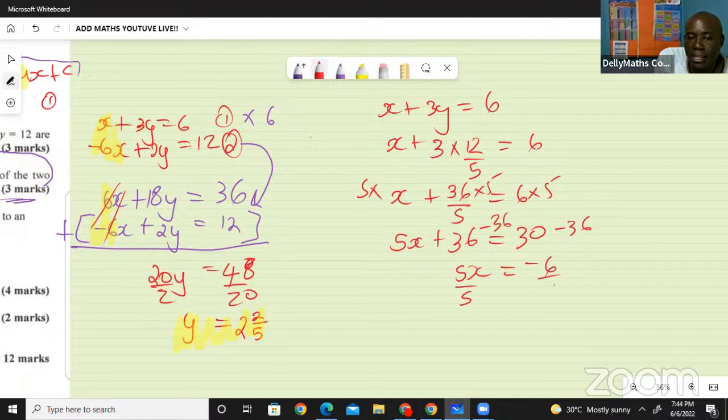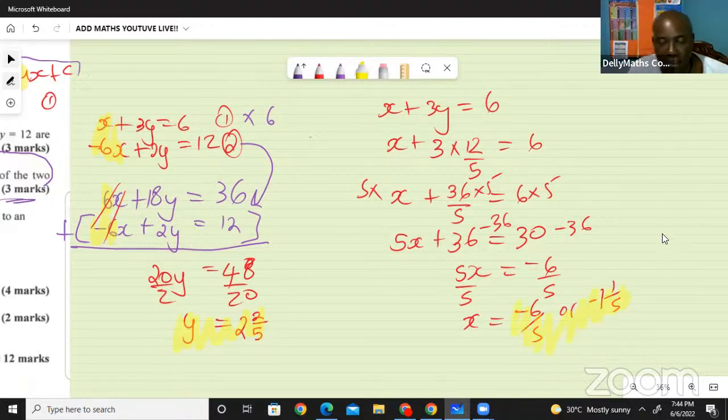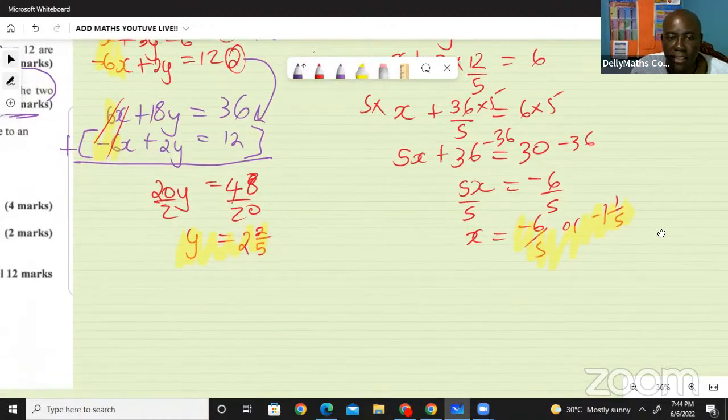Divide by 5. So x is equal to negative 6 over 5, or somebody might say negative 1 and 1/5. If you want to say that, that's fine. Nobody's going to crucify you for how you represent it if you're not told to do a specific thing. This is the center of the circle.